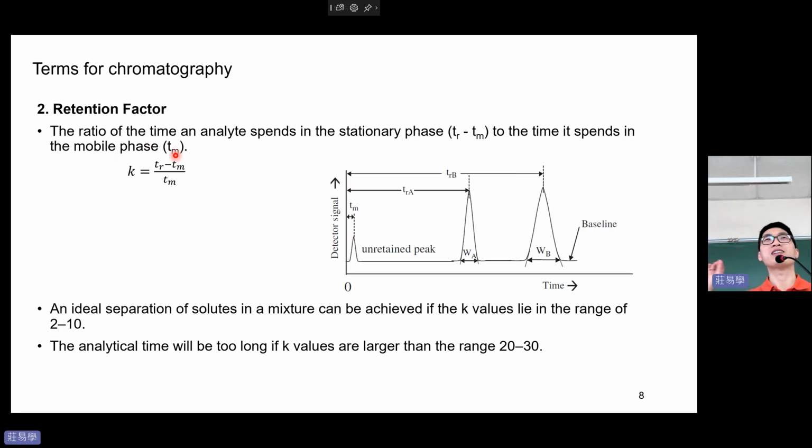Well, it sounds a little bit confusing. So what does it mean, the time spent in the mobile phase? Let's look at the practical meaning.